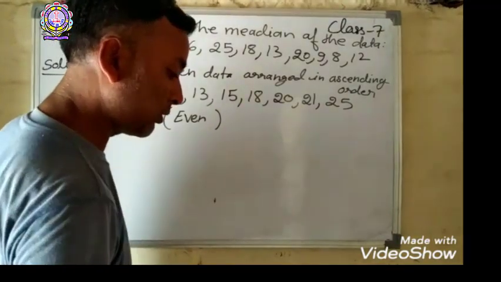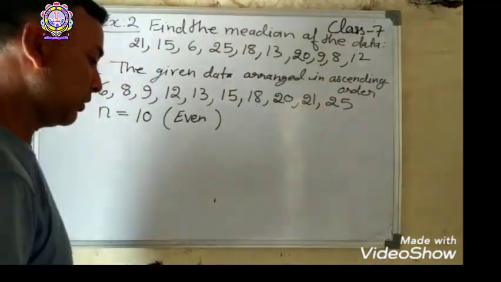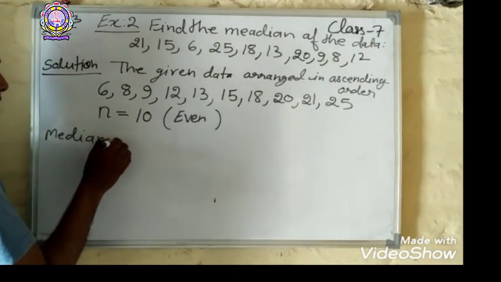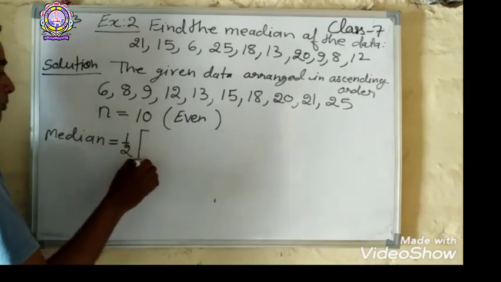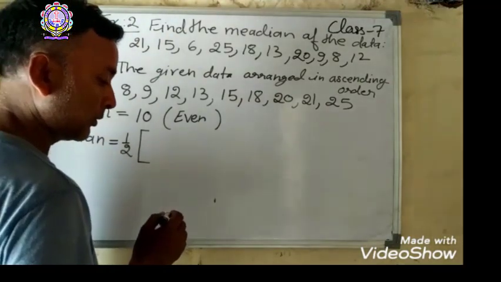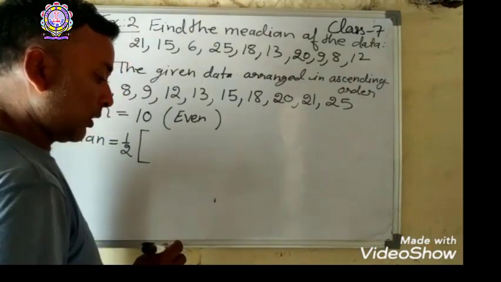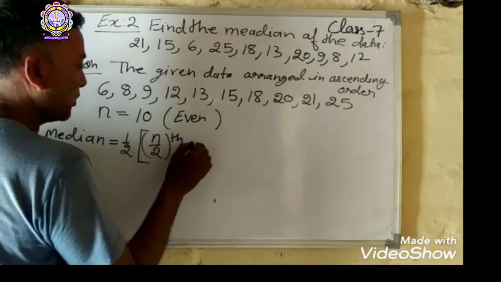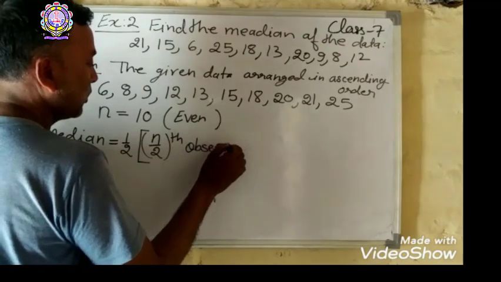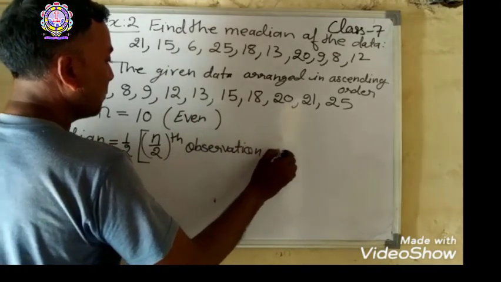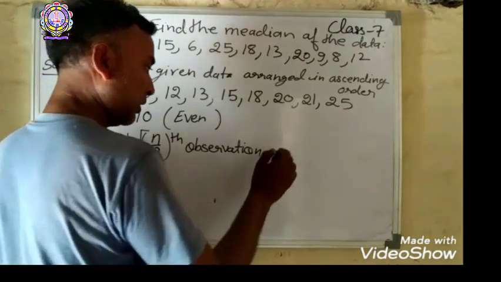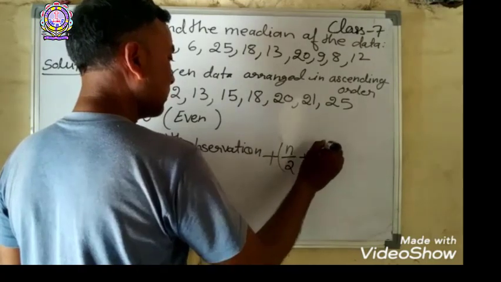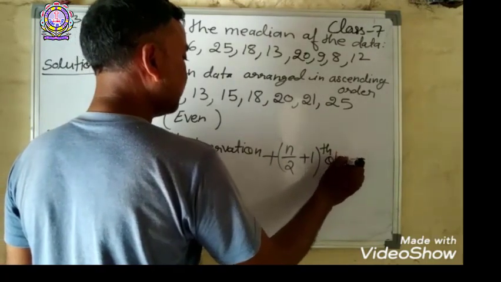So which formula do we use? We use the formula: median is equal to 1 upon 2 bracket n upon 2 nth observation plus n upon 2 plus 1 nth observation.